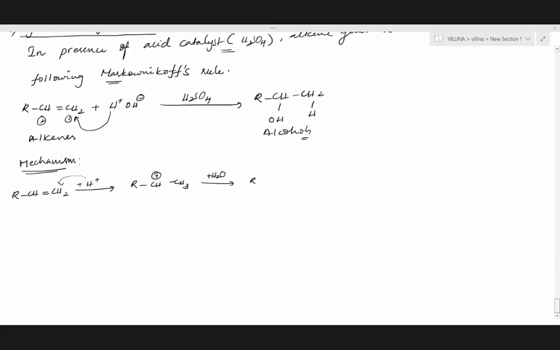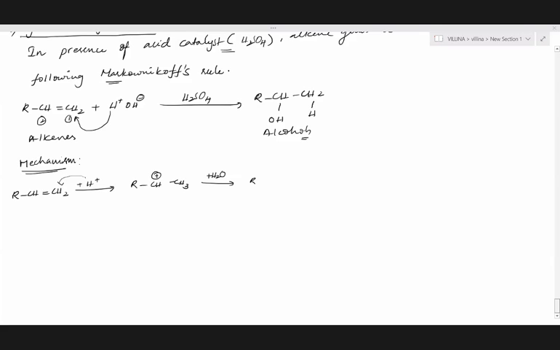So in the first step, this is our skeletal reaction, right? The hydrogen gets added over here and the OH group will be added to the other position. So this is our alcohol. Hydration of alkenes gives us alcohols.